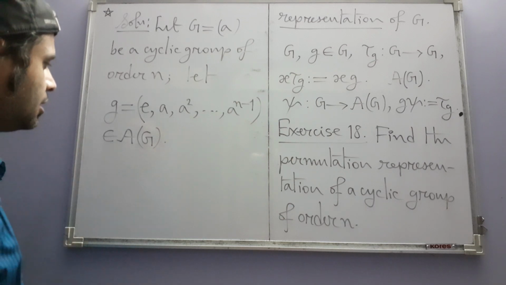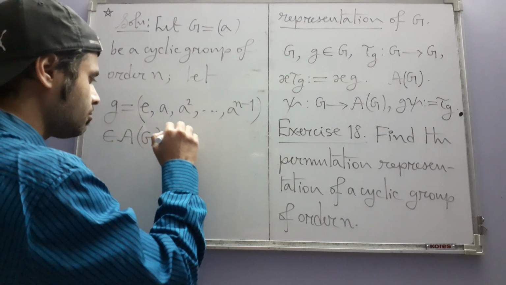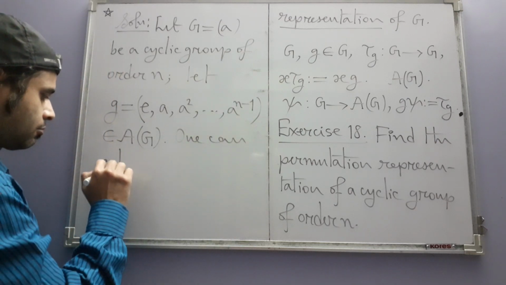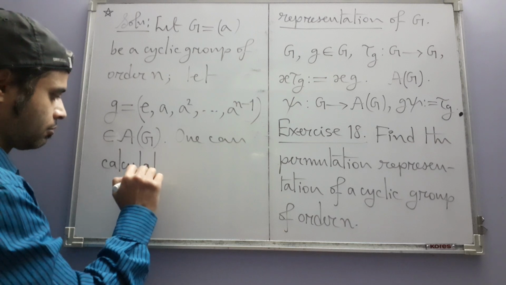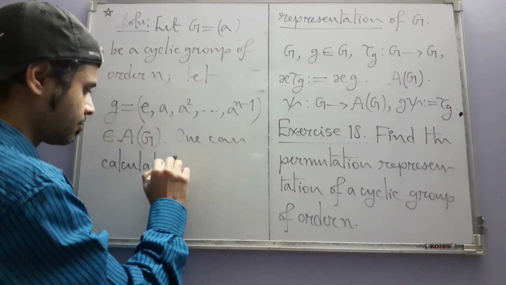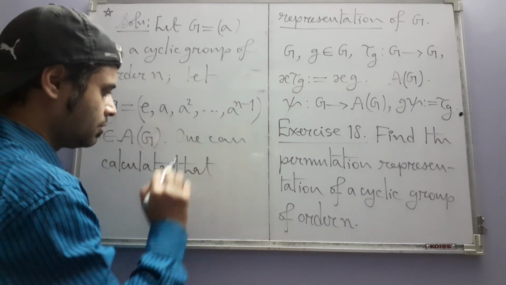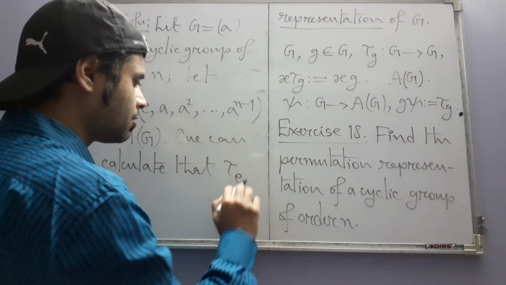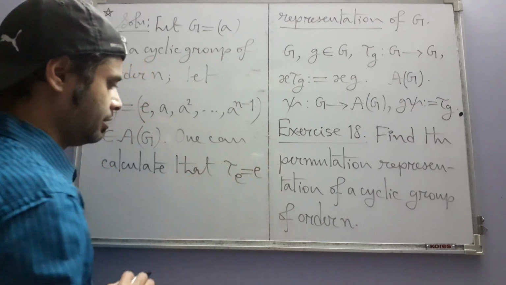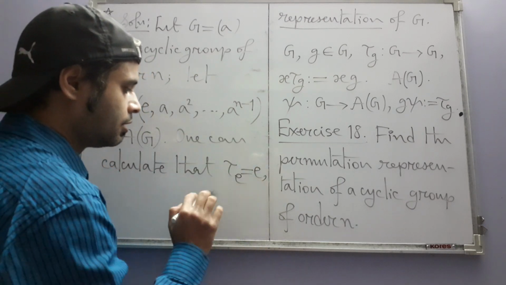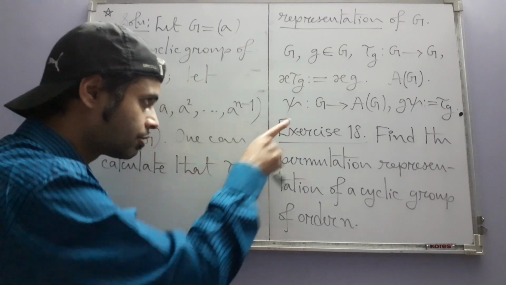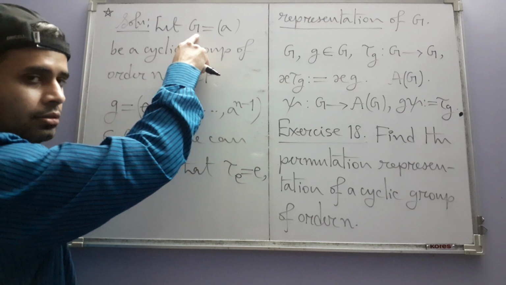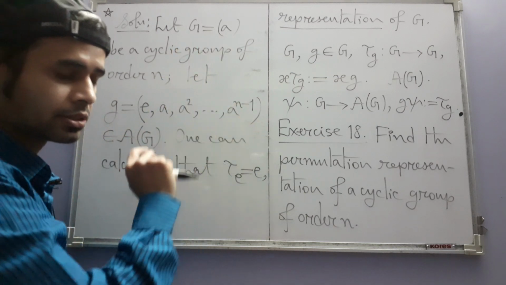Then with this element, one can calculate that the first thing is of course very easy. Tau of the identity element is the identity element. You need to understand that this identity according to this setup is the identity element in G, that means a to the power 0.